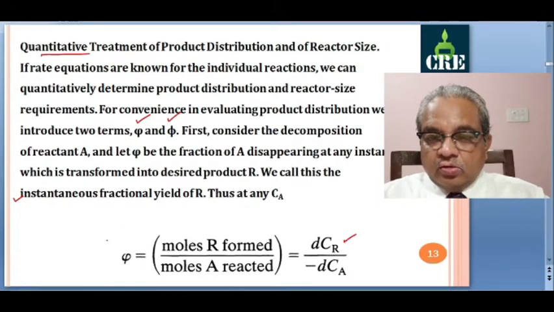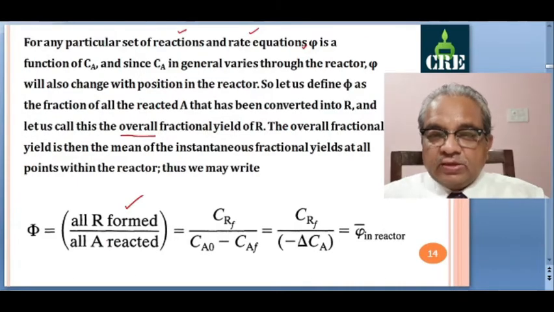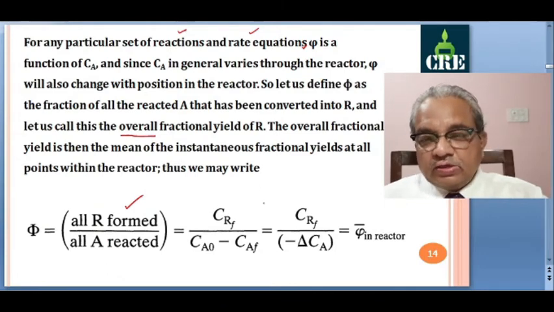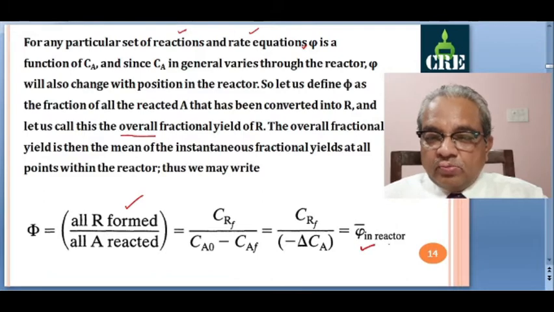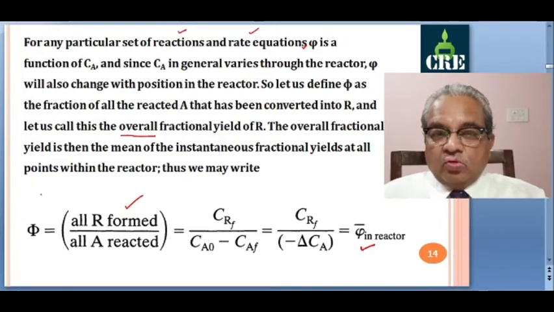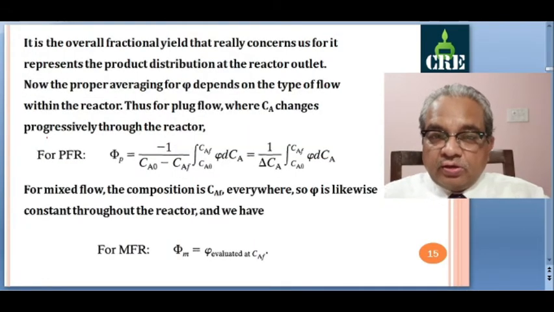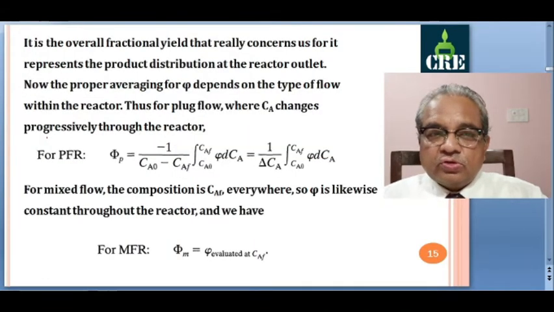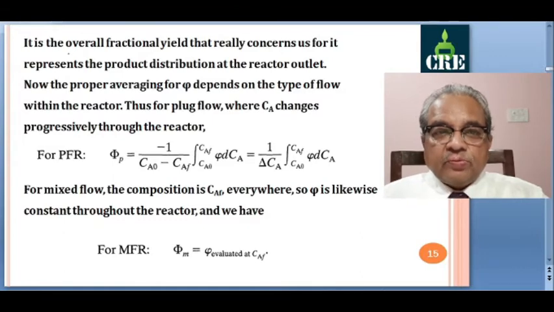Here, moles of R formed per mole of A reacted at any instant is the instantaneous yield, and overall is considering all points within the reactor. So it is nothing but the mean of all the points in the reactor. So these are small phi and capital Phi, instantaneous fractional yield and overall fractional yield. This is a very important definition. We will be using this throughout in problem solving.